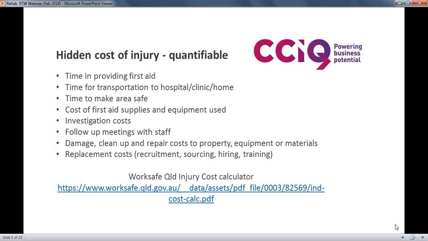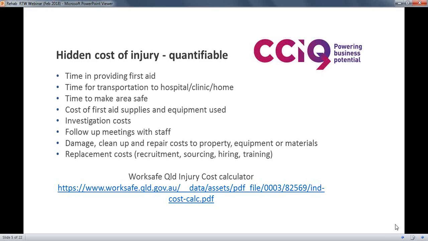So it's able to assist you in calculating the initial and the often overlooked and uninsured costs of real and potential injuries. So the calculator will account for incident costs, including first aid, transport of the worker, investigation costs, including the time to cease production and investigate the incident, damage costs, including assessment, repair and cleanup time, replacement costs, including locating, hiring and training a replacement worker for a period, and productivity costs as well, including disruption and claim management time.